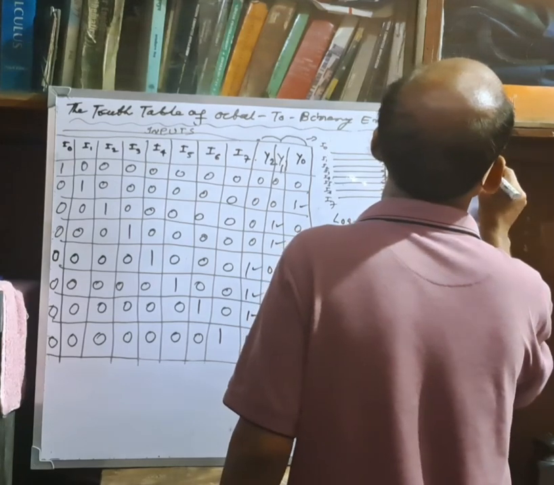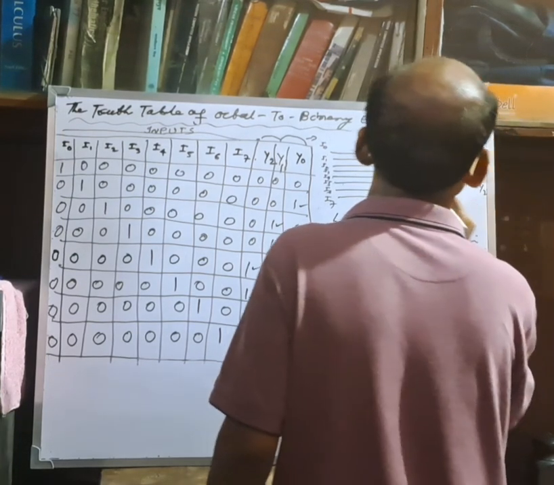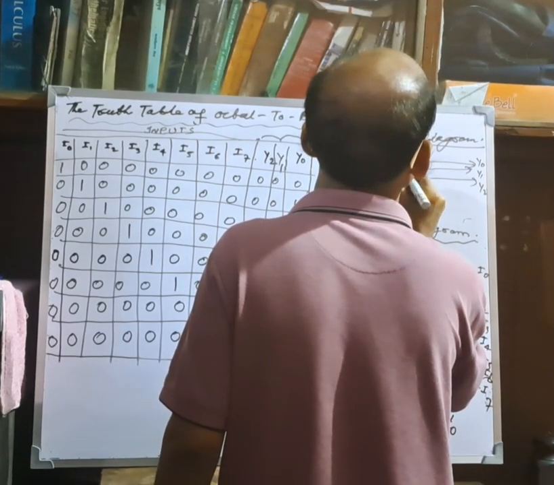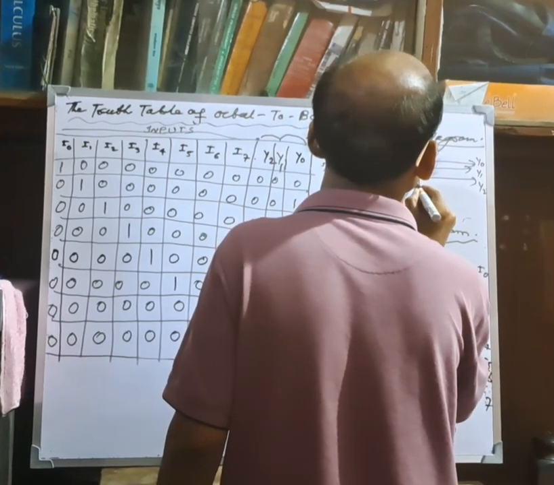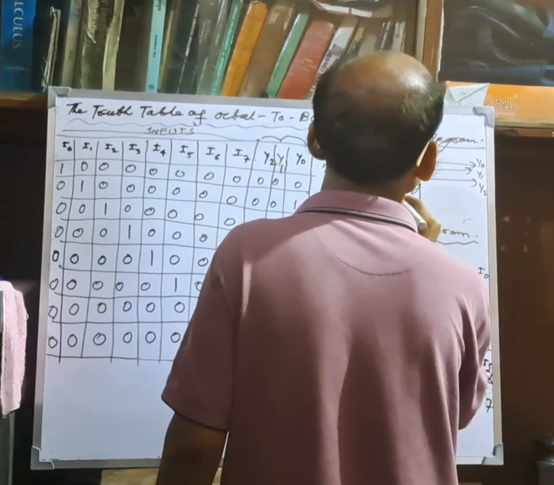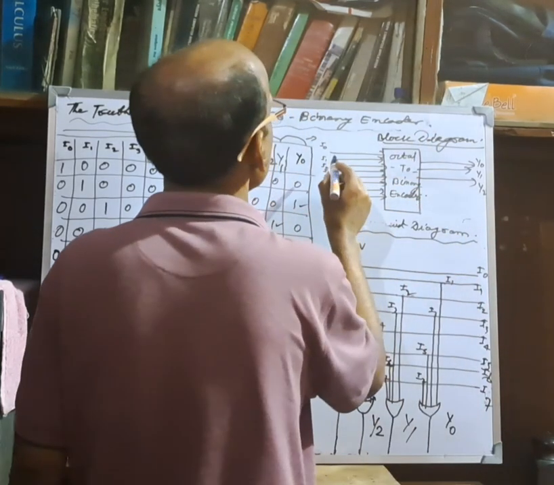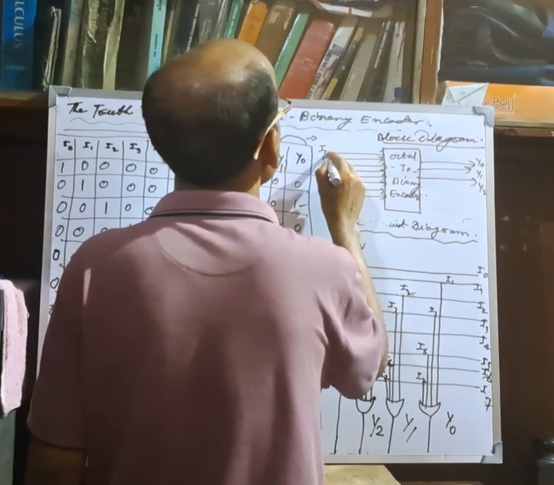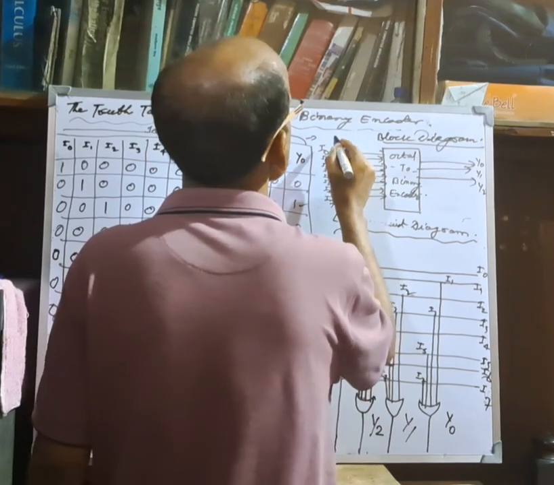And this is Y0, Y1, and Y2. This is a 3-bit binary output. Clear? This is actually I0 to I7, 0 to 7.